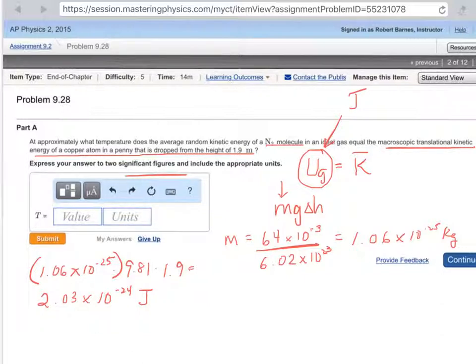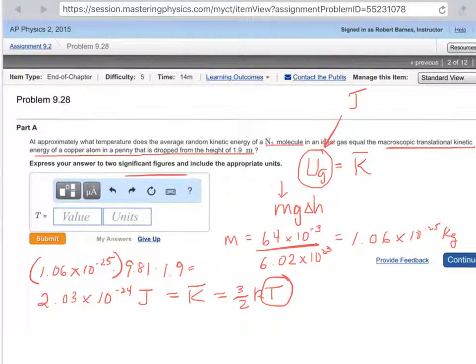If it gives it all up to kinetic energy, now that's the average kinetic energy of the N2 molecule, and that is 3/2 kT, right? So what temperature would that diatomic nitrogen molecule have to have in order to have that many joules of kinetic energy on average?